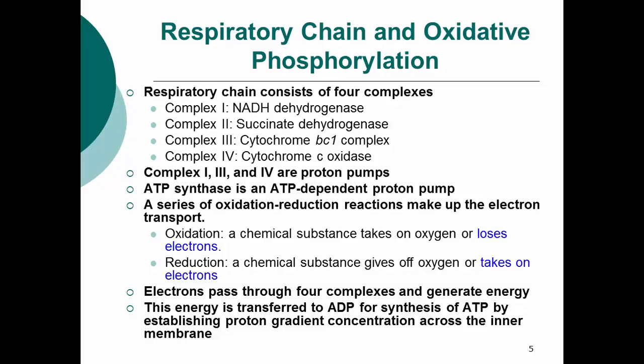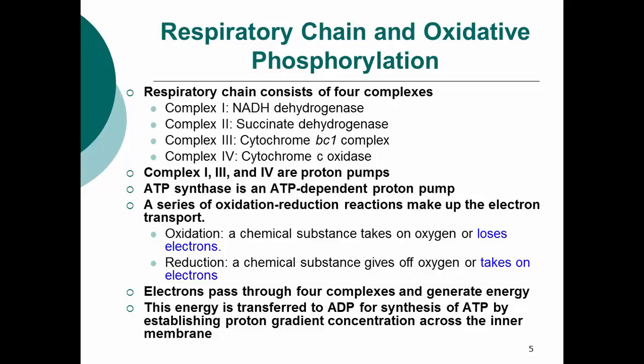And complexes 1, 3, and 4 are proton pumps. This is very important, right? Because through the electron transport process, you generate a proton gradient across the inner mitochondrial membrane.